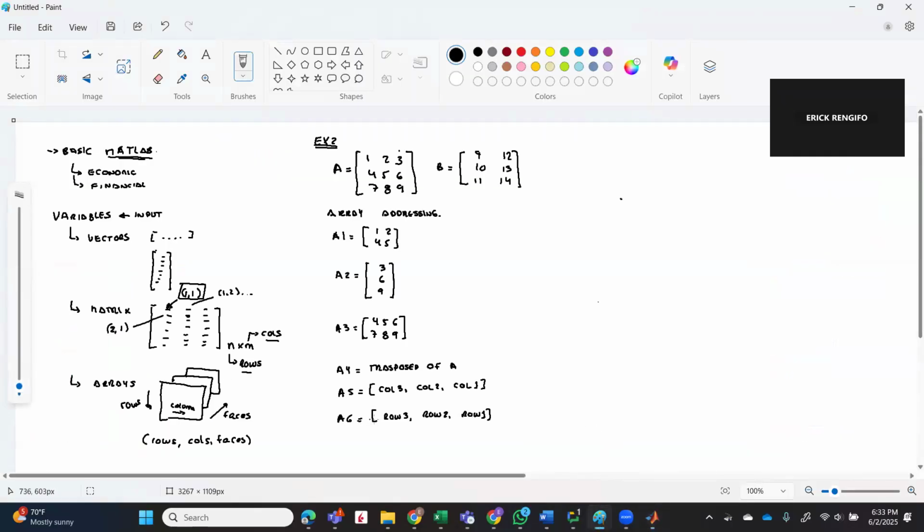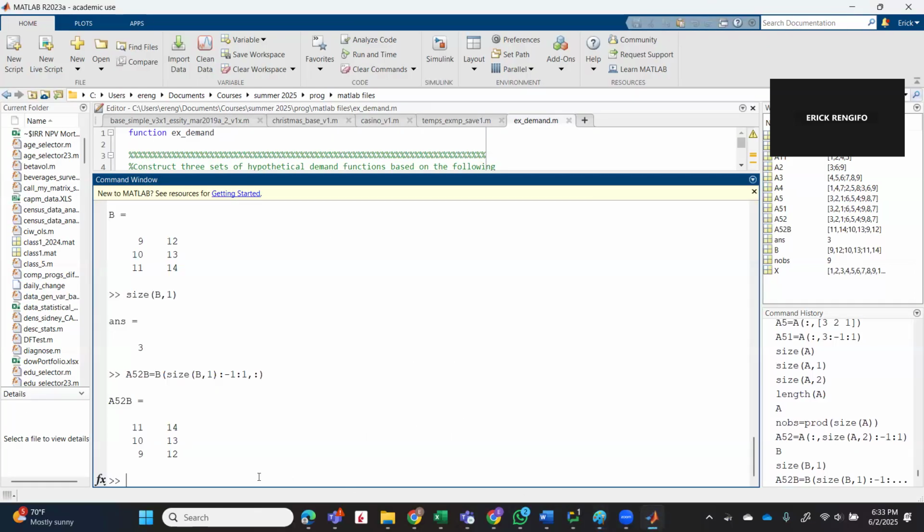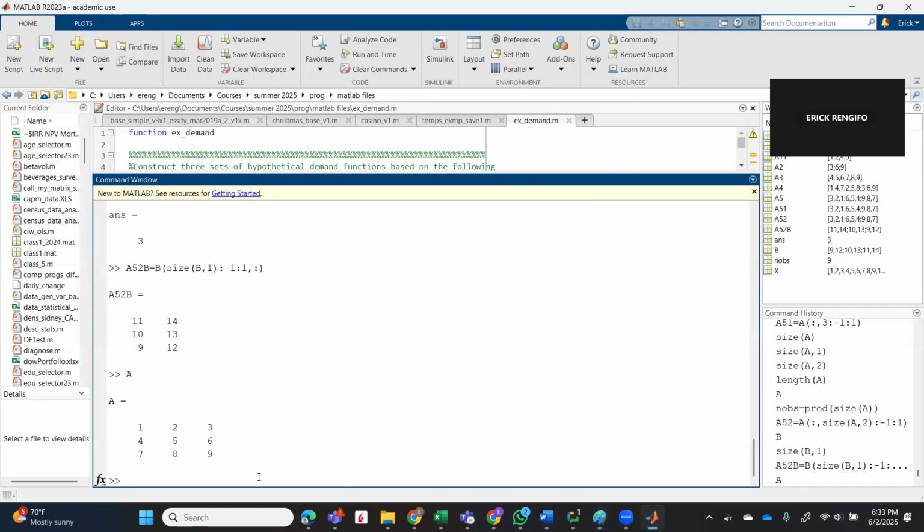Okay, so I've done this basically. A6, what we're changing is the rows. So let me put A again. And A6 is going to be equal to what? I want from A all the rows, right? Size of A, comma 1, sorry, -1 to 1.